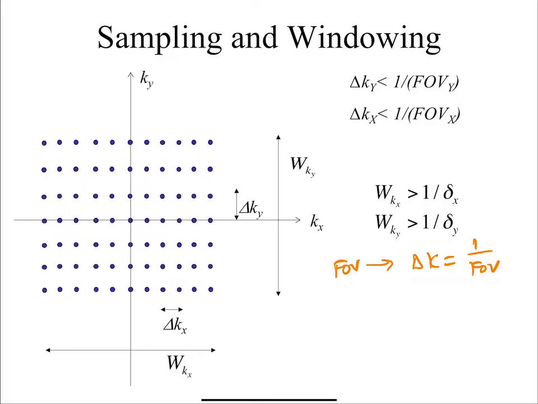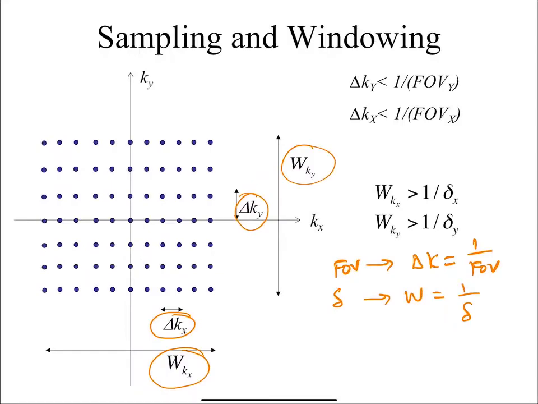Similarly, if you're given the resolution, delta, then you just set the width in Fourier space equal to 1 over delta. So those are the two design parameters. In general, you're going to have a delta Kx, a delta Ky, and a WKX and a WKY.